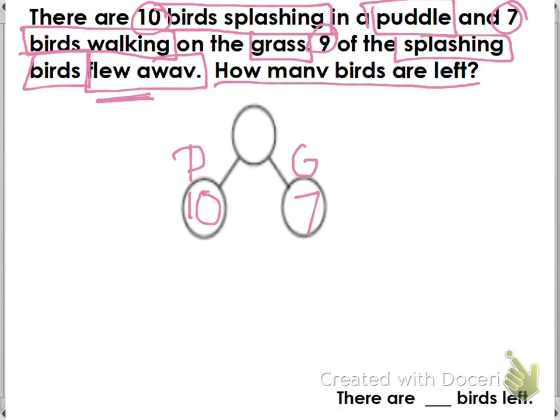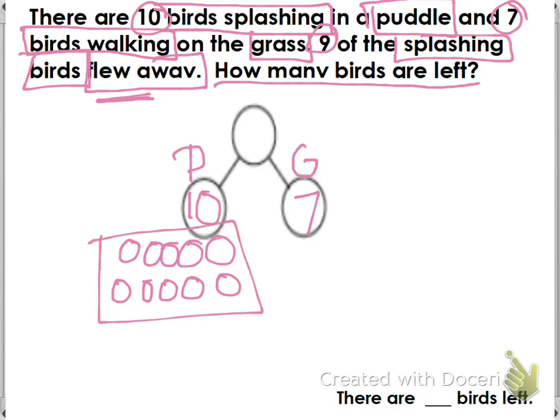Now we're going to draw both 10 and 7. So 1, 2, 3, 4, 5, 6, 7, 8, 9, 10. Boxing in 10. 1, 2, 3, 4, 5, 6, 7. And we know that 10 and 7 is 17.